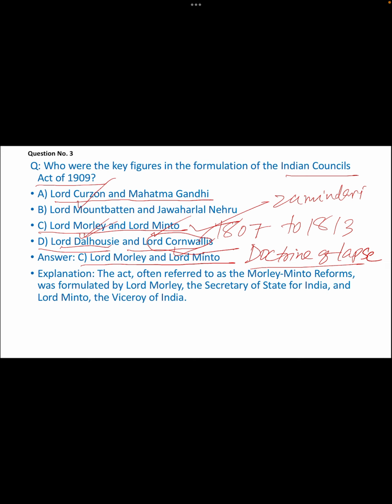So who were the key figures in the formulation of the Indian Councils Act of 1909? The right answer is C, Lord Morley and Lord Minto. The act, often referred to as the Morley-Minto reforms, was formulated by Lord Morley, the Secretary of State for India, and Lord Minto, the Viceroy of India at the time.